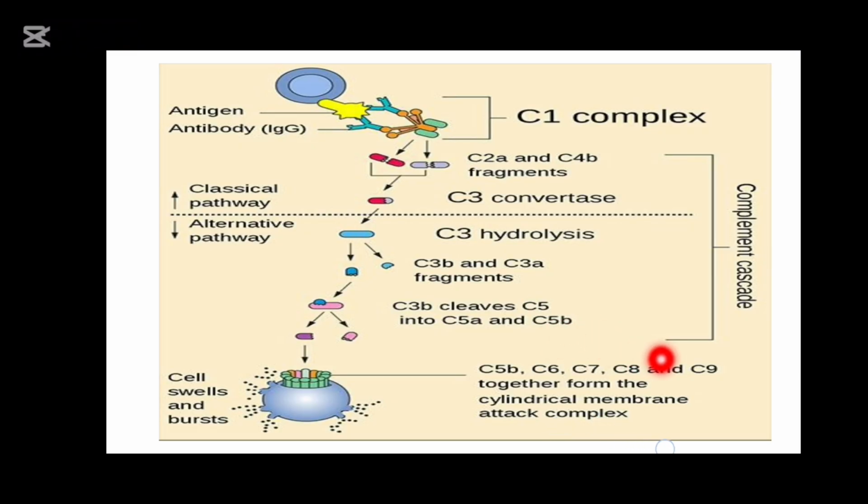Together they form what we call a cylindrical membrane attack complex, a hole. Because this hole has been formed, we have compromised the structure of the bacteria and water goes inside, the cell swells and bursts. It's a basic explanation I can give you.